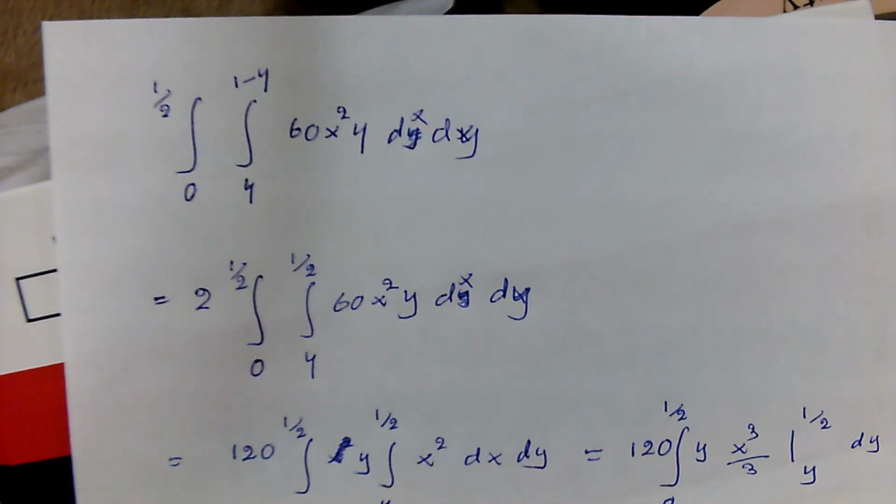So based on these equations, I can write the integral like this. Now my outer integral is with respect to y, and my inner integral is with respect to x, because y is between 0 and 1/2 and x is between y and 1 minus y.